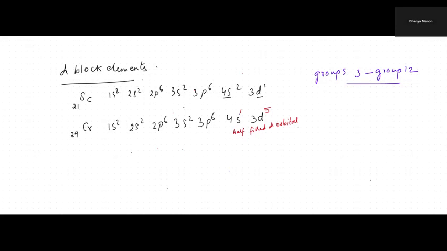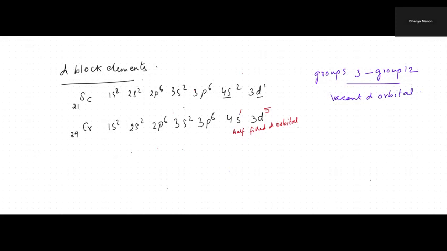Now for an element to be called a transition element, it should have a vacant d orbital.